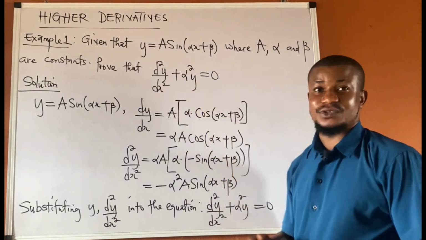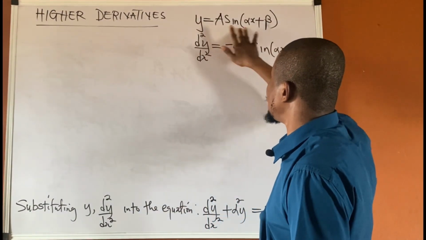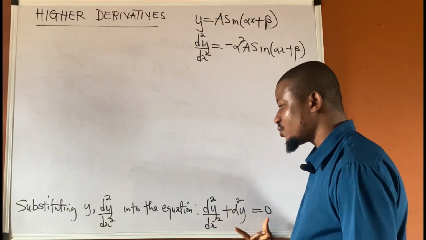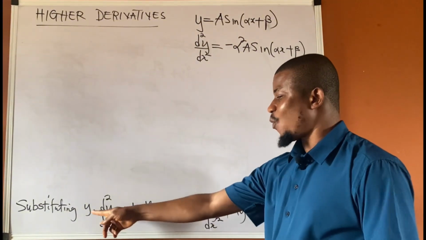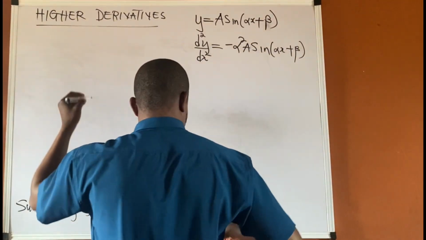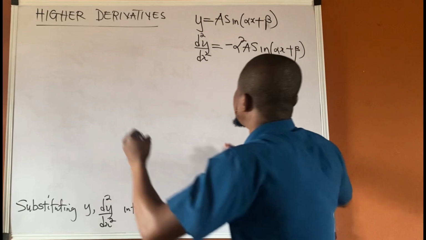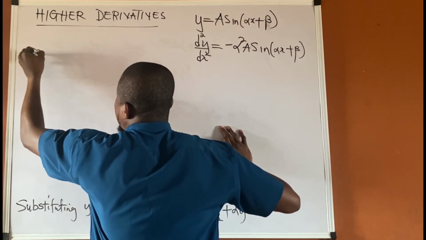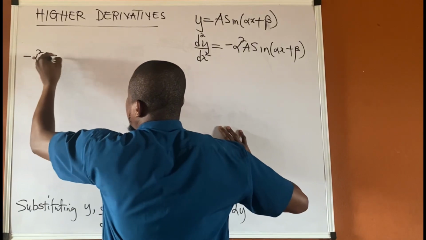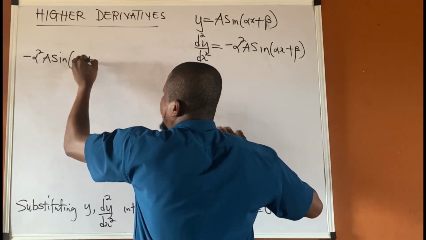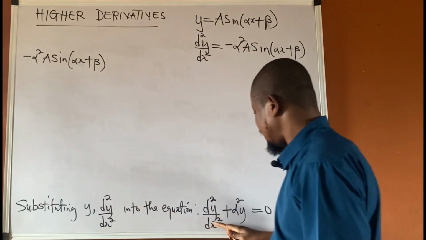We'll see if it will be equal to 0. We have our y equal to this, our second derivative equal to this. Now let's substitute into this equation the values for y and d squared y by dx squared. For d squared y by dx squared, we'll have negative alpha squared a sine of alpha x plus beta. That is for this.